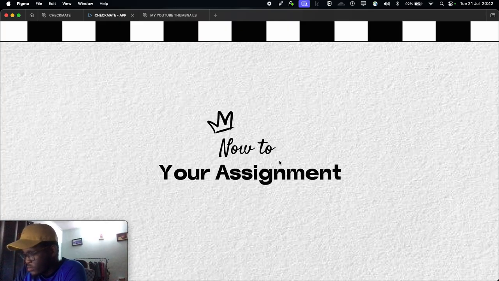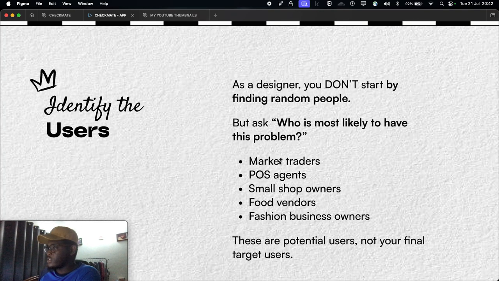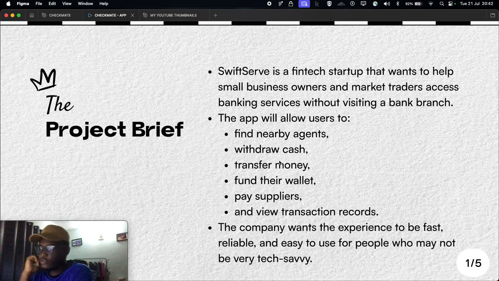Okay, so we all know that the world is evolving and AI is a very fundamental tool you can use in your design. So how can I use AI, for example, in this? Let's assume I was given this as the project brief.